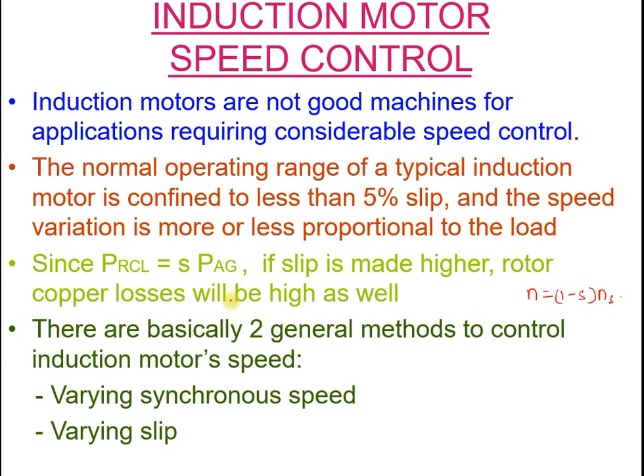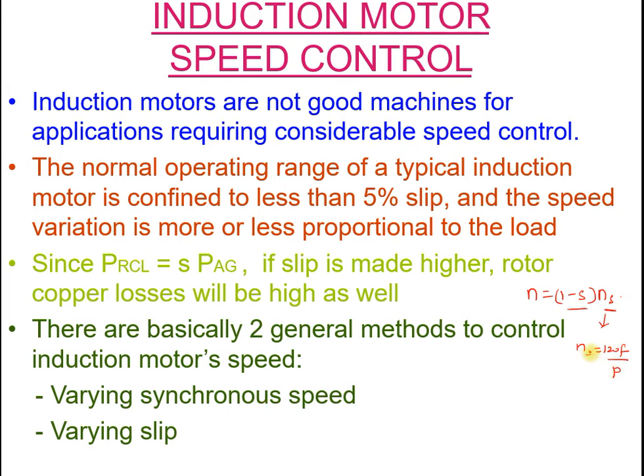There are two basic methods to control the speed of the three-phase induction motor. The first one is varying the synchronous speed, and the next one is varying the slip. For synchronous speed, we know the formula Ns = 120f/P.